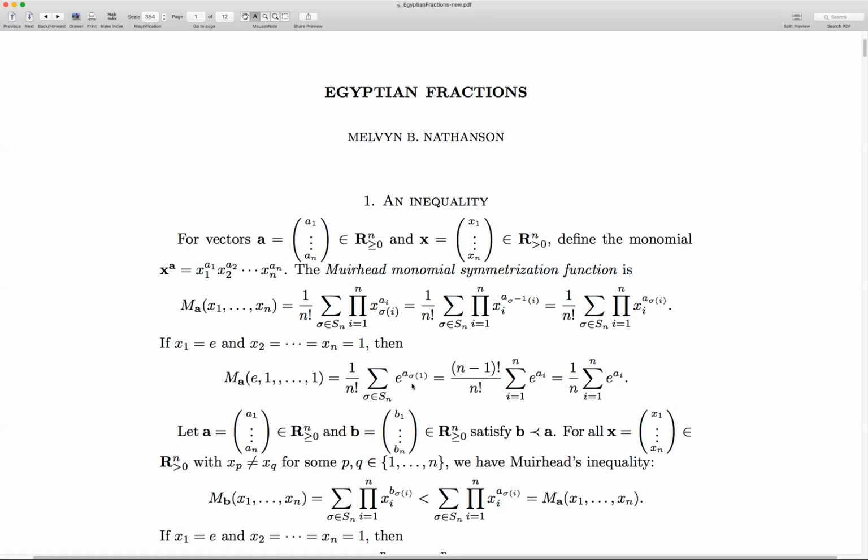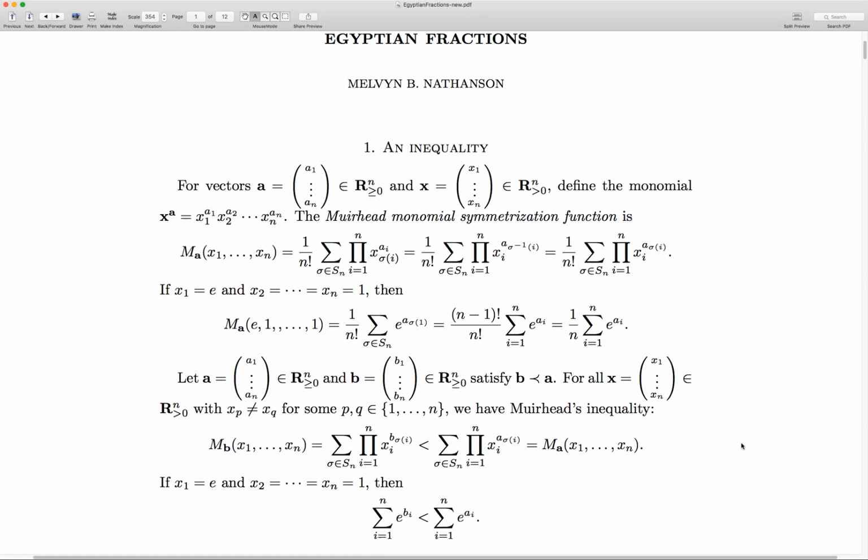All the other terms disappear. And for any given i, how many permutations sigma send 1 to i? n minus 1 factorial of them. So this is really n minus 1 factorial over n factorial times just the sum of e to the ai, or 1 over n times this. So when I evaluate this function at this particular vector, I get this.